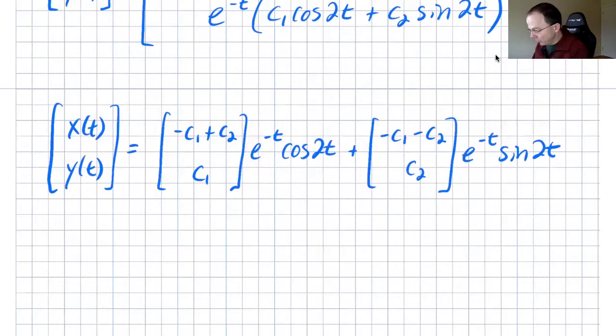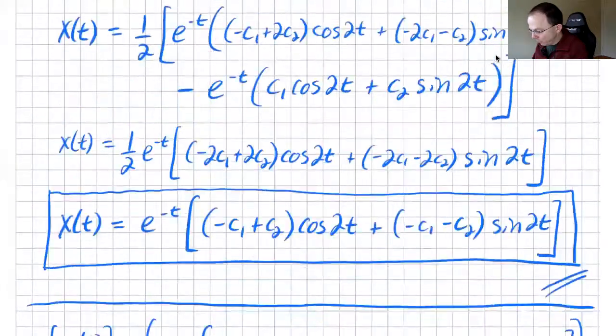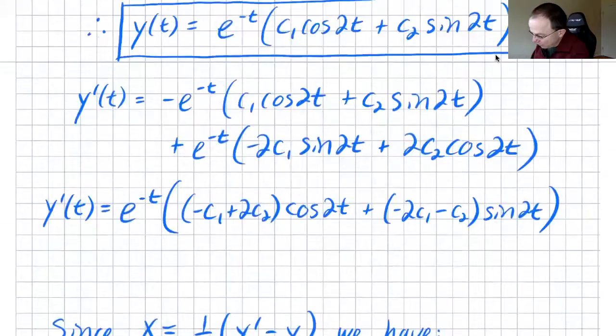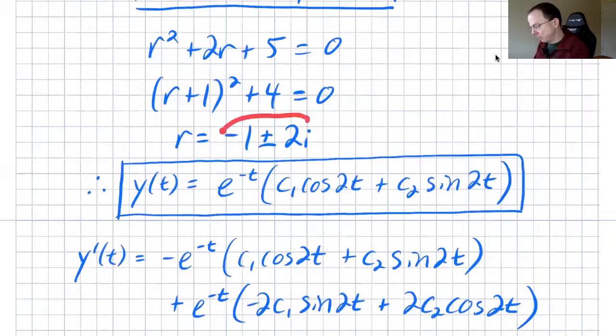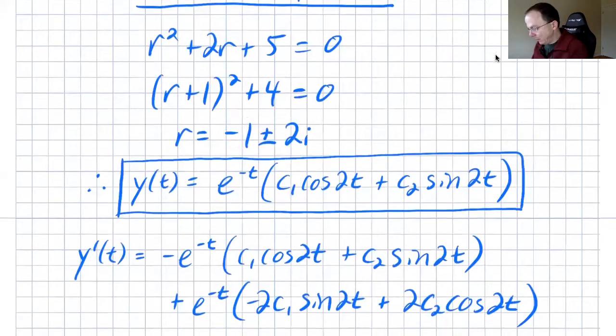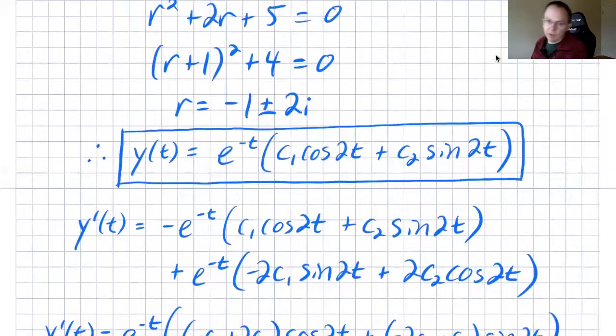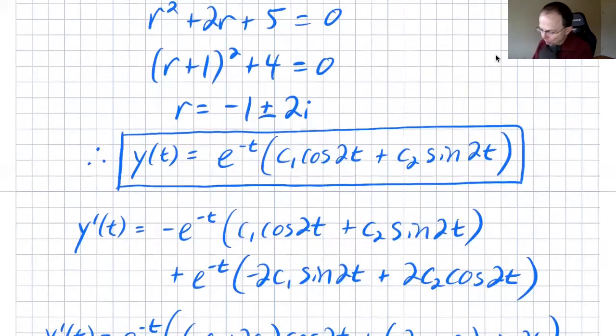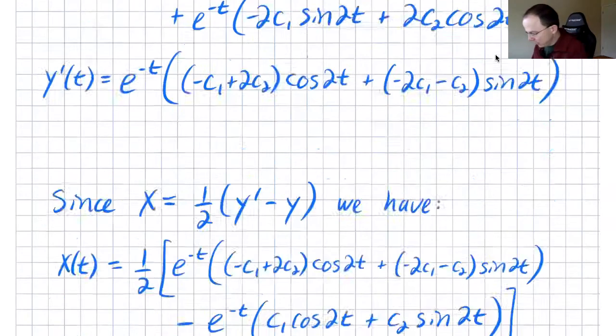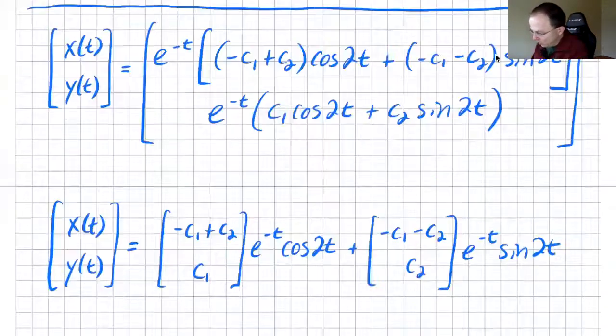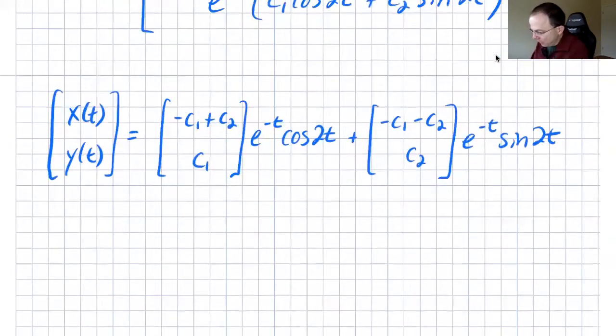The eigenvalues of that matrix will be precisely these. Then you would have to figure out what the eigenvectors are, and the eigenvectors will also involve imaginary numbers. You would take those eigenvectors, and that would give you somehow these expressions here.